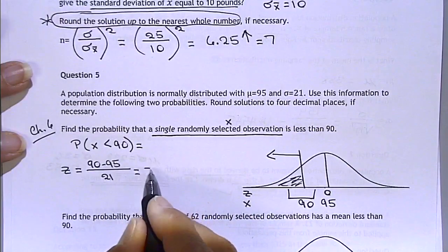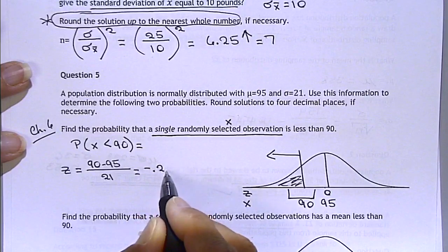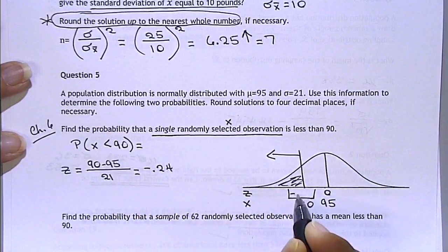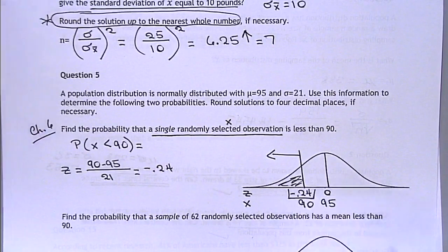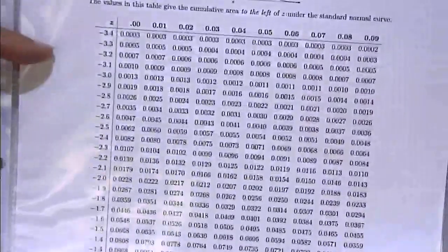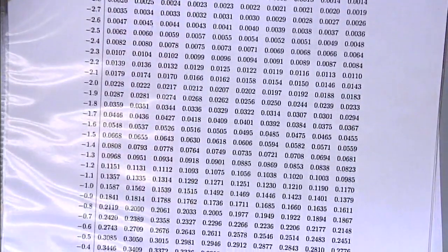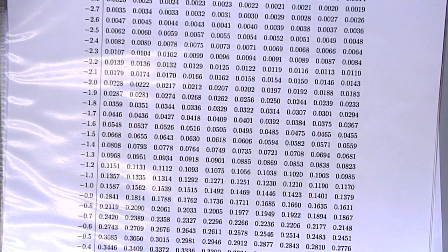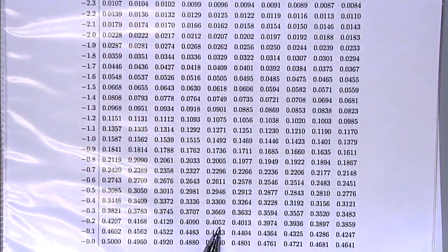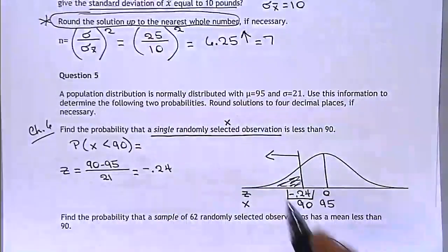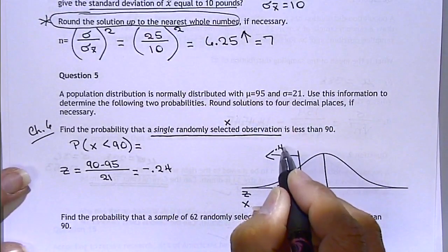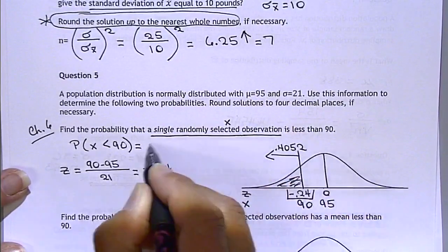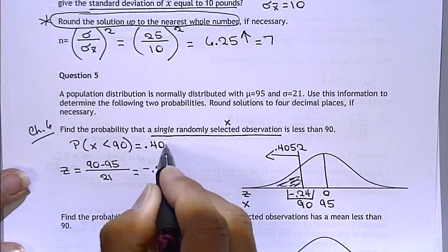And I get a negative 0.238, which I'm going to say is a negative 0.24. And then I go to my table and I look that up because that's easy. Z gives me area to the left, negative 0.24 is right in here somewhere, 0.4052. Okay? So this area is 0.4052. That's the answer to my probability question.